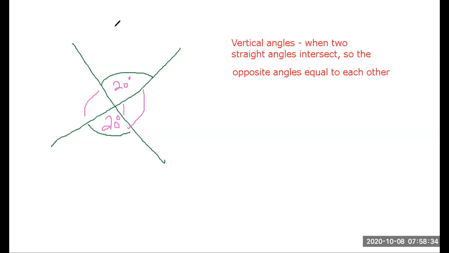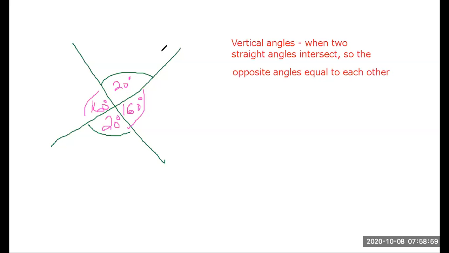So if this right here is 160 degrees, then this right here is what? 160. Yep, 160 degrees. They're vertical angles. So the angles that are across from each other, they're equal to each other, which makes it a vertical angle.